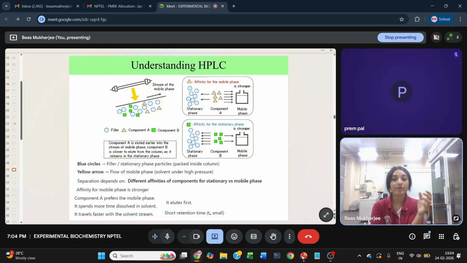Now the affinity for the mobile phase is stronger for component A. So component A prefers the mobile phase, so it is more soluble in the mobile phase. It spends more time dissolved in the solvent and it elutes first. It is not binding to the stationary phase, so it is eluting first. It travels faster with the solvent stream. It has a shorter retention time. So it is my flow through.